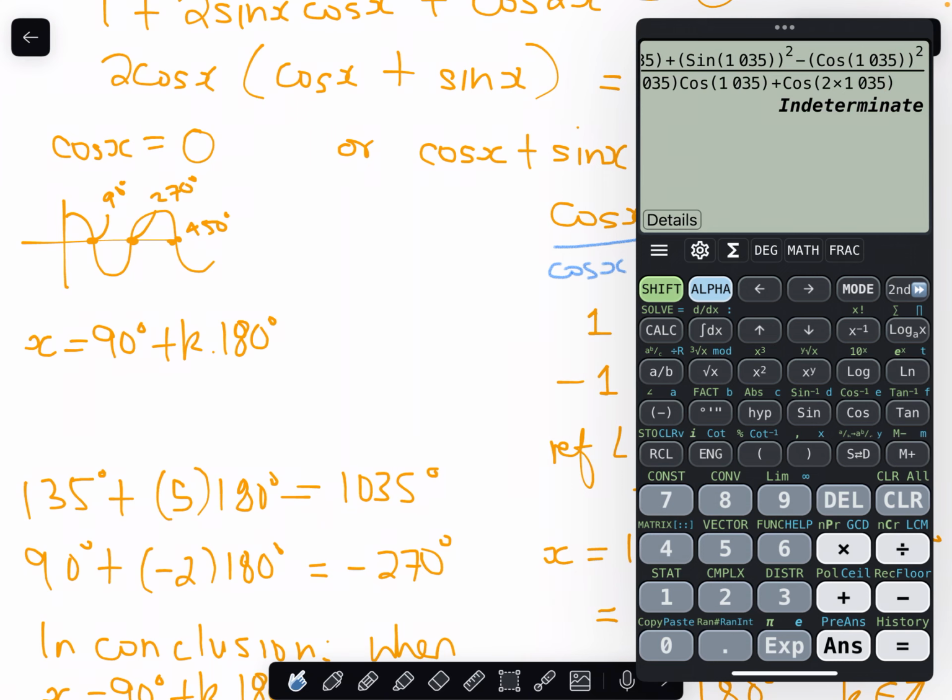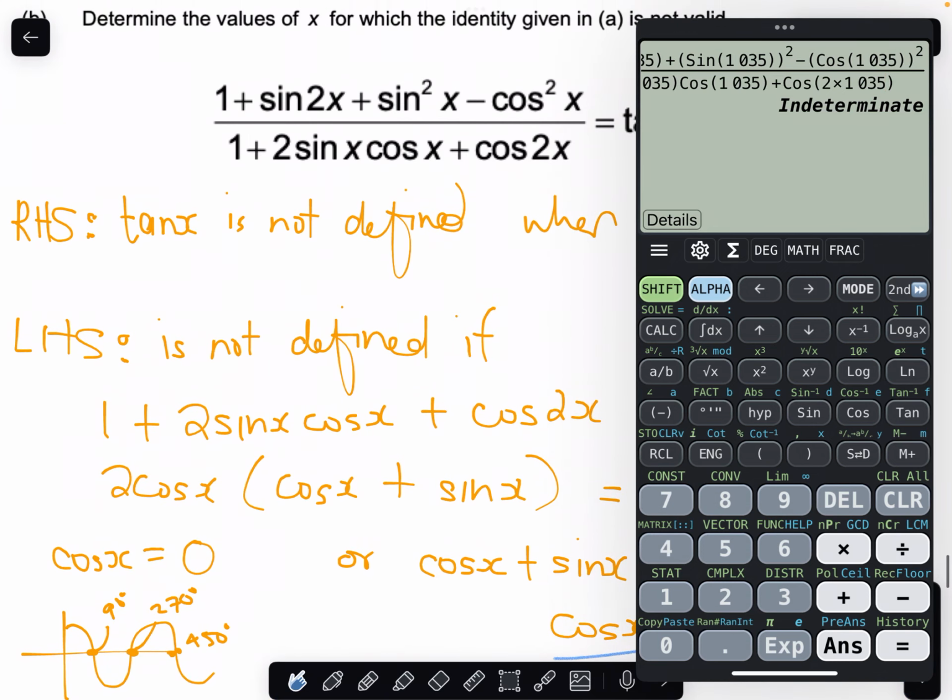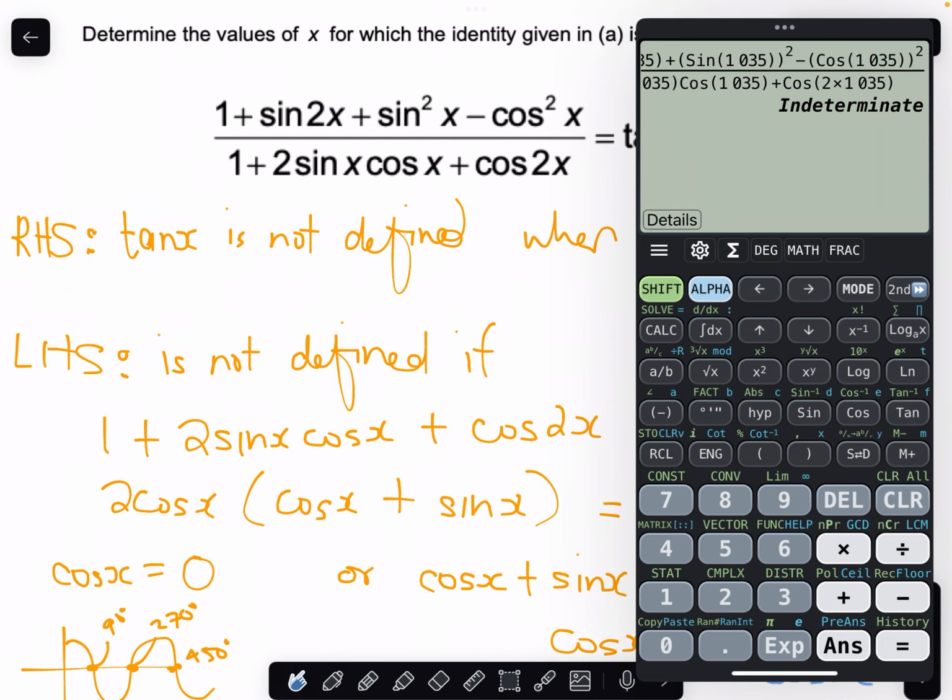Interesting that there are different problems. Indeterminate is because the 1035 makes this equal to 0, right? So then you're dividing by 0, and that gives us indeterminate.